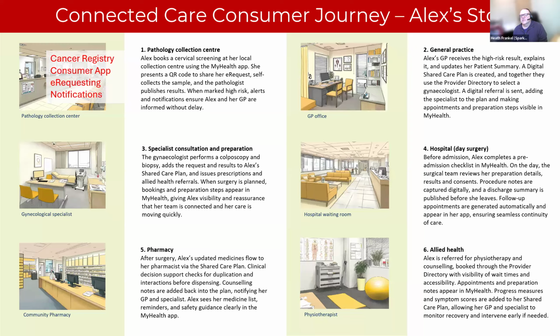But as the story was quite deep, I'm not going into the full detail around this. Basically, in summary, there was this cancer registry scenario. We had a consumer app that was sending notifications back to Alex about the fact that she's had some high risk markers.